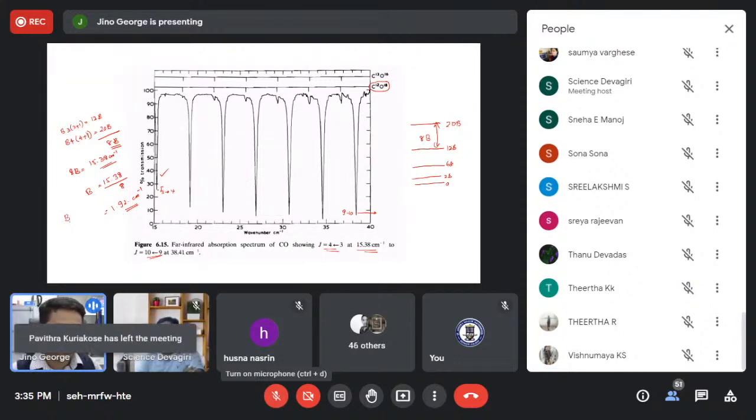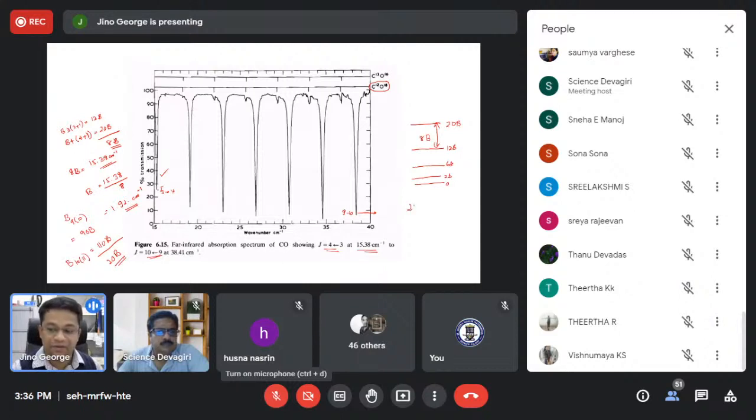So for the J equal to 9 to 10 transition, you have to calculate for the J equal to 9 state, which is equivalent to 90B. For J equal to 10, it will be 110B. So the difference is 20B. So 20B is equivalent to 38.41 centimeter inverse.